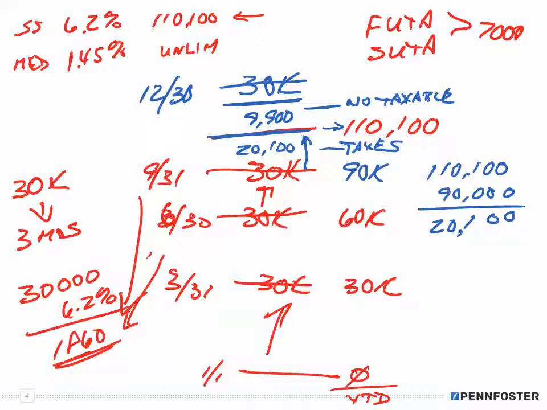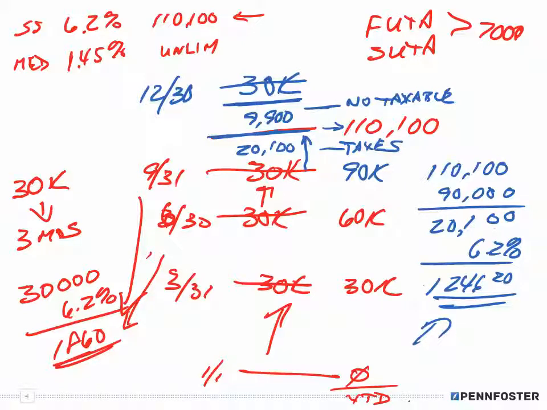So out of the $30,000, the $20,100 is taxable at 6.2%. The tax on the $20,100 is $1,246.20. So their deduction is going to be $1,246.20.